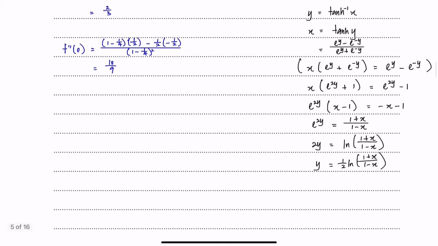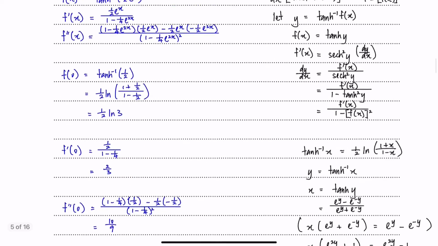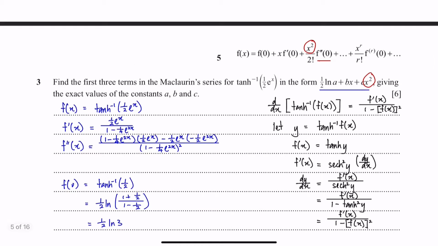So you can now write the arctan of half e to the x as 1 over 2 ln 3. You just write it according to this formula.